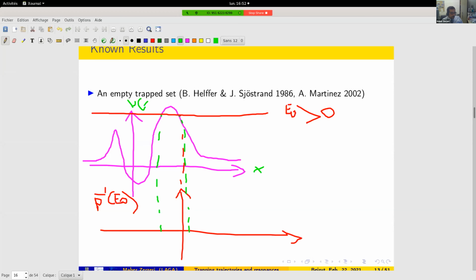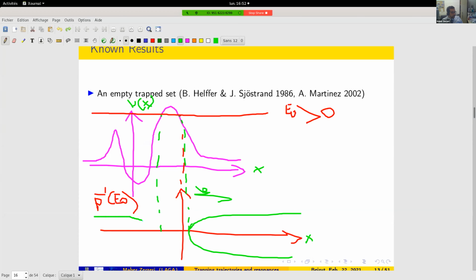Here is in X and Xi. And the trajectory here, and the limit, of course, at infinity of V is 0.